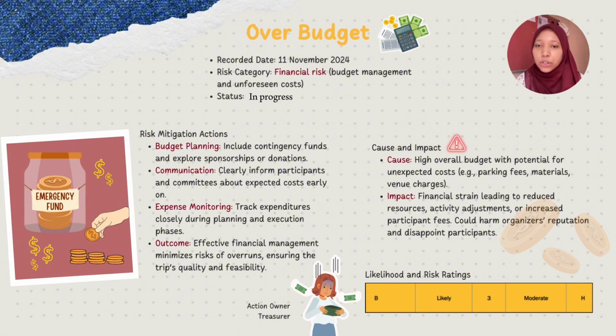So to manage this, we mitigate the risk through the finance committee, which is the treasurer, who has established a contingency fund and actively sought sponsorships and donations to cushion foreseen expenses. Additionally, we have ensured transparent communication about costs with the participants and committee members to manage expenditure. By monitoring expenses closely and planning for contingencies, we aim to prevent financial strain and maintain the trip's quality and experience for everyone.